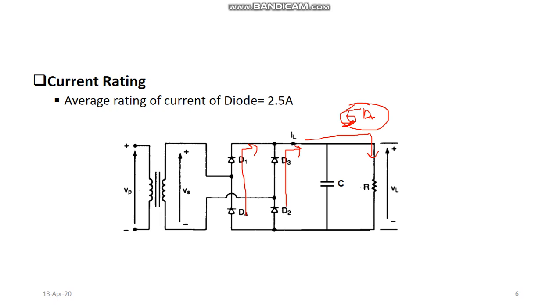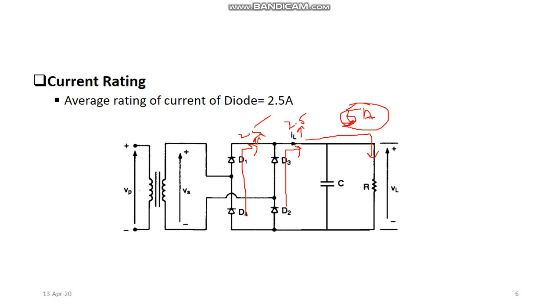Considering that these diodes D1, D3, D4 and D2 are identical, and no kind of drop occurs in their way, in that case half of the current will come from this branch, 2.5 ampere, and half of the current will be supplied from this branch.